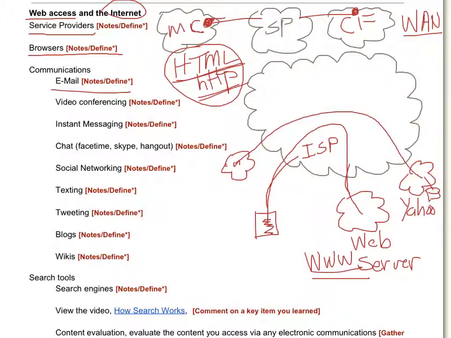You can read your email. Somebody could be at some other location on the web. Let's say somebody is here and they send you an email, and it's stored on the web server. Then you open up your email, and then a copy of it is brought to your computer.